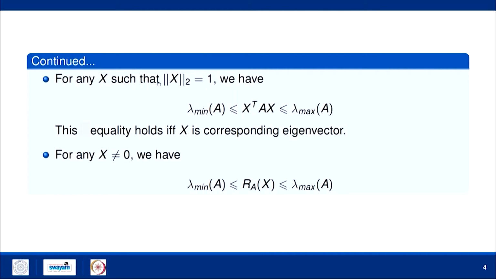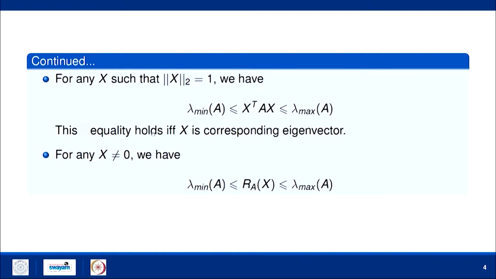If you have a unit vector x of dimension n, we have the inequality that the minimum eigenvalue of A is less than or equal to x transpose A x, because the denominator x transpose x is 1 as the length is 1, so I have not written it here, which is less than or equal to the maximum eigenvalue of A.